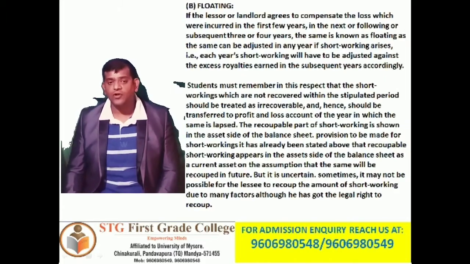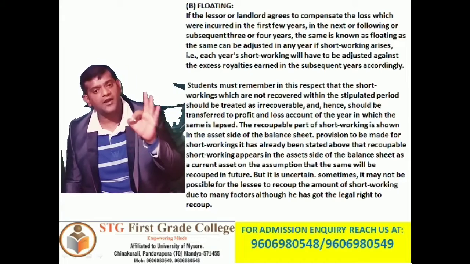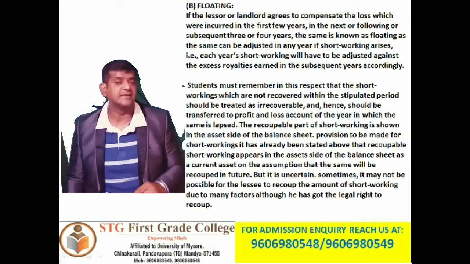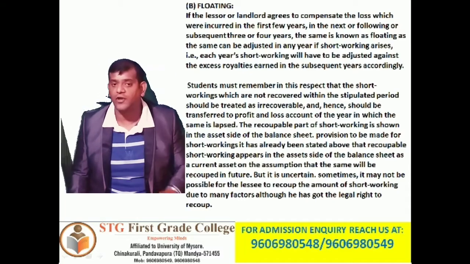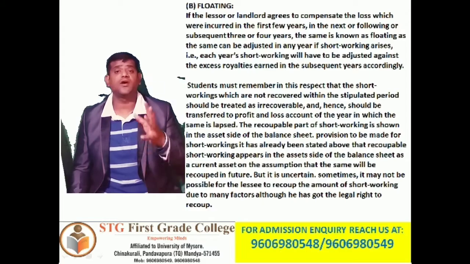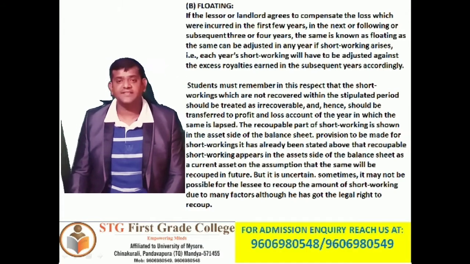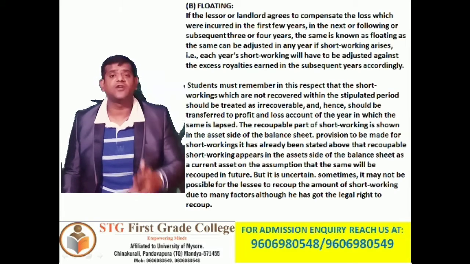Whereas in the floating recoupment system, the lessor or landlord agrees to compensate the loss incurred in the first few years, and in the following or subsequent 3 or 4 years, the same is known as floating, as it can be adjusted in any year if short working arises.